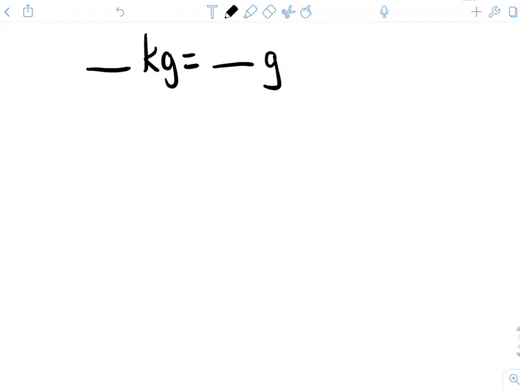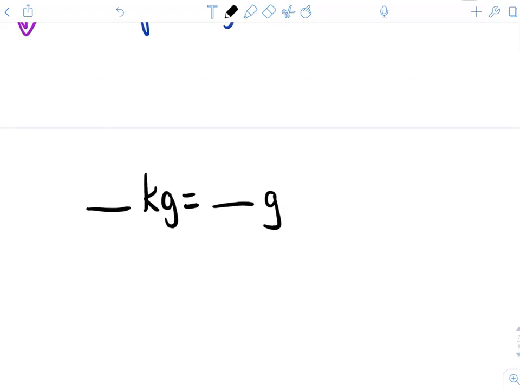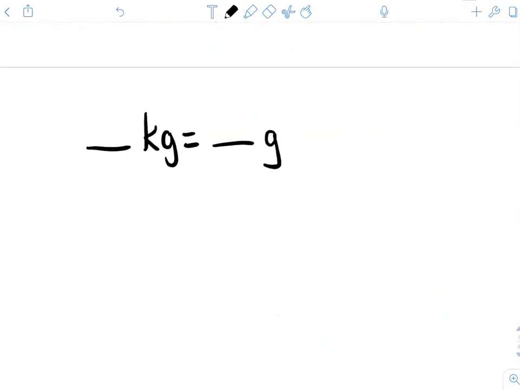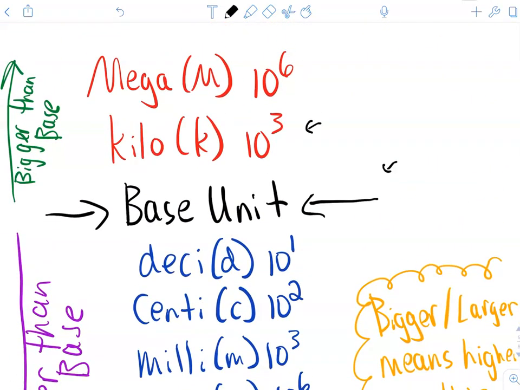Well, we go through and we figure out between kilogram, which is right here, and the gram, which is the base unit, which one's bigger? Bigger means that you are higher up on the chart. So the kilogram is bigger, it gets a 1. Now, I look at kilo, and I see the factor that's associated with it is 10 to the third.